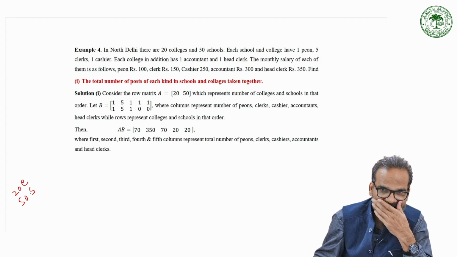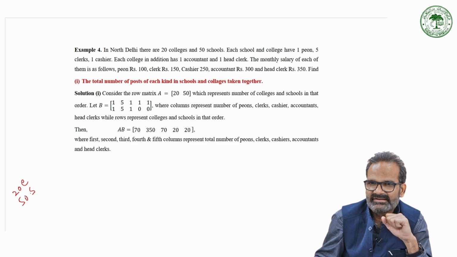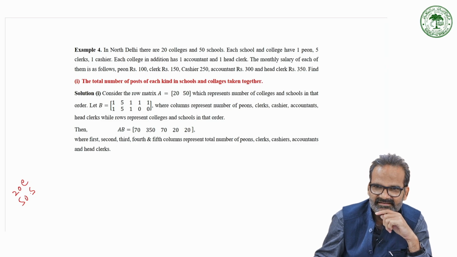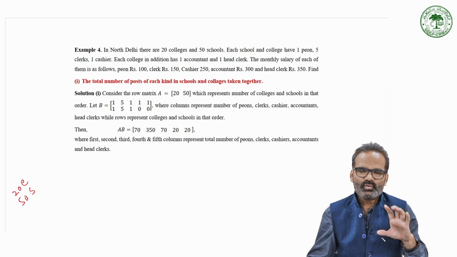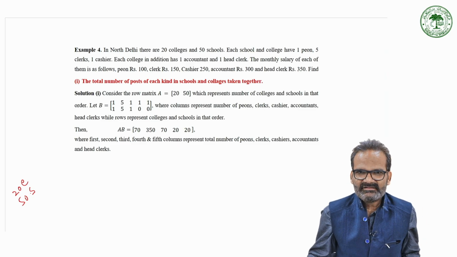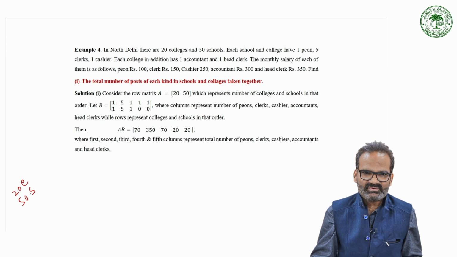The monthly salary of each of them is given below. Peon is getting 100 rupees, clerk 150 rupees, cashier 250 rupees, accountant 300 rupees and head clerk 350 rupees. Find the total number of posts of each kind in schools and colleges.